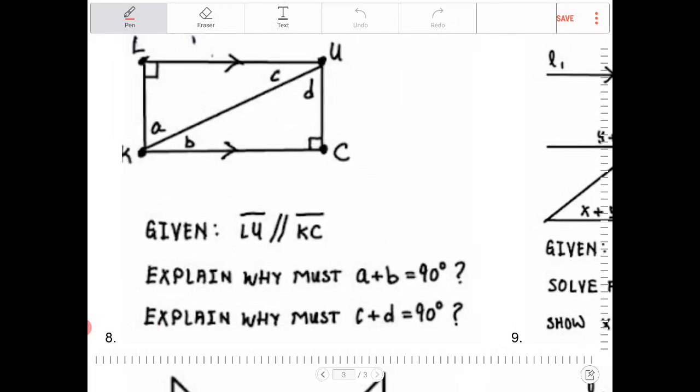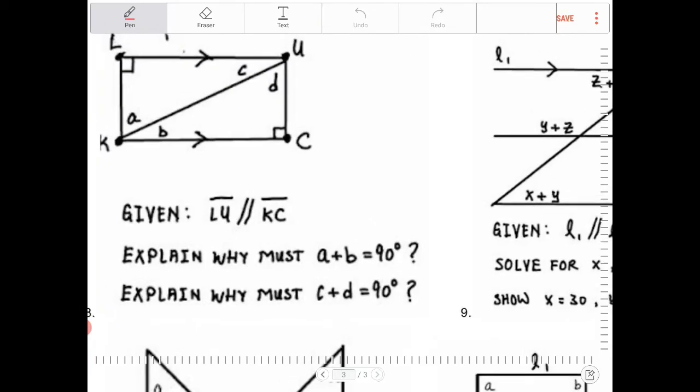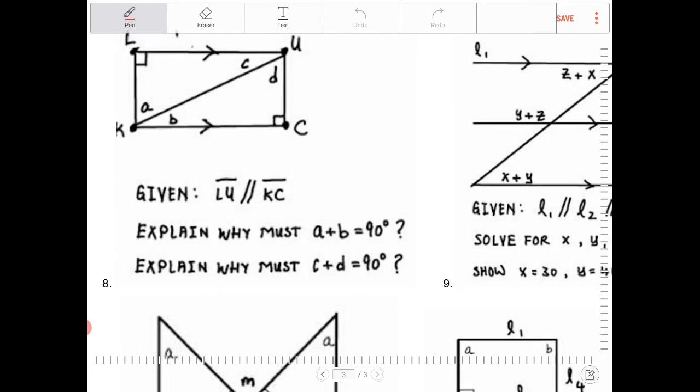Okay, next page. So it says here, explain why must A plus B equal 90 degrees and why must C plus D equal 90 degrees. Okay, so A plus B, so I know that these are parallel, and if they're parallel, that means B and C are the same.